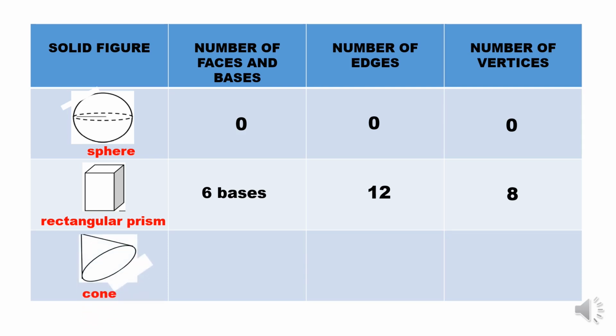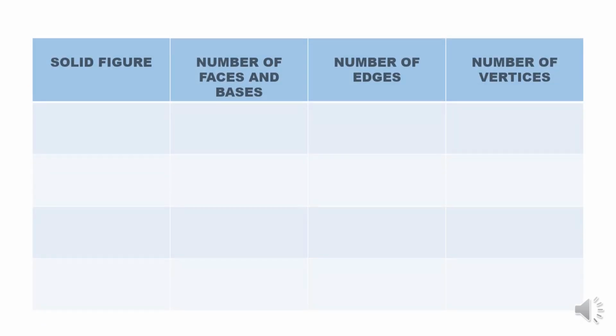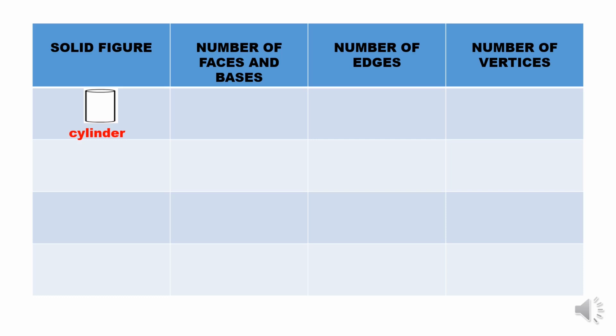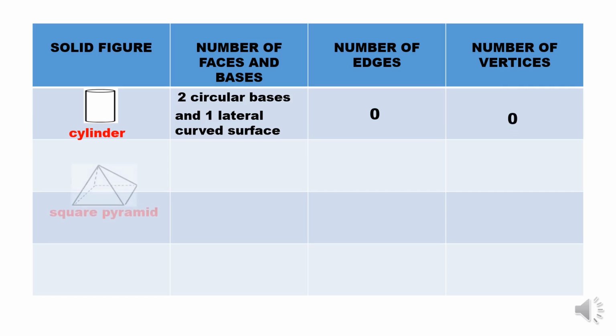For a cone, 1 curved surface, 1 circular base, 0 edge, and 1 vertex. A cylinder has 2 circular bases and 1 lateral curved surface, 0 edge, and 0 vertex.